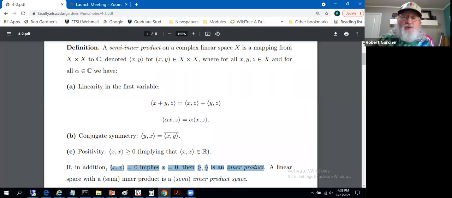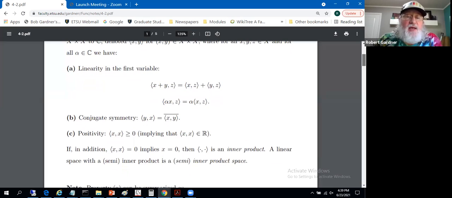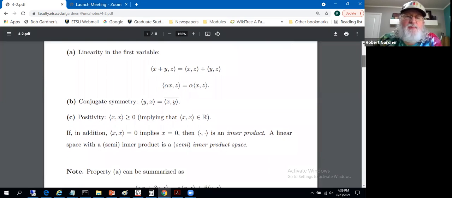So an inner product is a semi-inner product satisfying these three conditions, along with the condition that the inner product of X with itself equaling scalar 0 implies X must be the 0 vector. A linear space with a semi-inner product is called a semi-inner product space, and a linear space with an inner product is called an inner product space, and you can drop the semis.